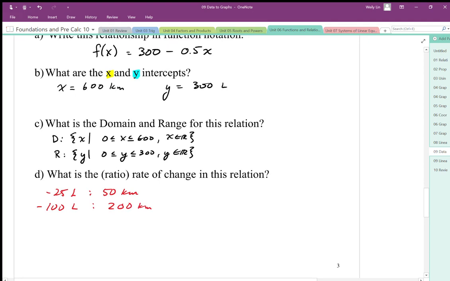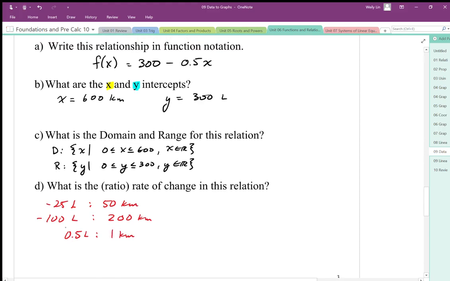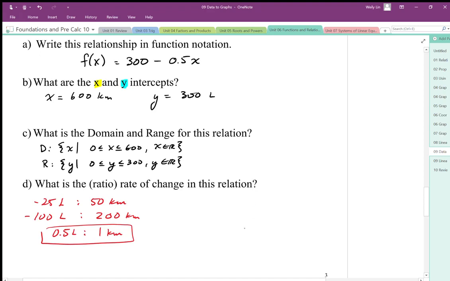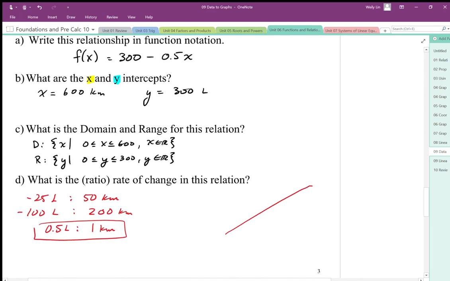Okay, and if I simplify this, it's going to be 0.5 liters per 1 kilometer. And that ratio of change is a significant part of the line because remember the line has an angle or slope and position. The angle or slope actually relates to that ratio of change.